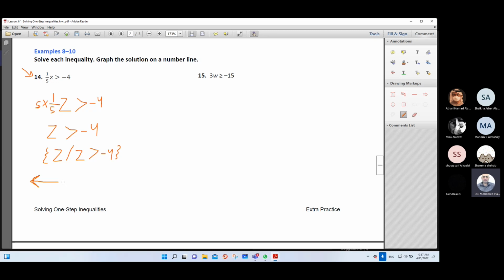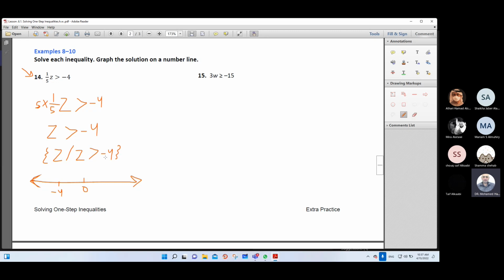And we want to graph this inequality on the number line. Draw the number line, represent the 0 in the middle, then represent -4. So z greater than -4.